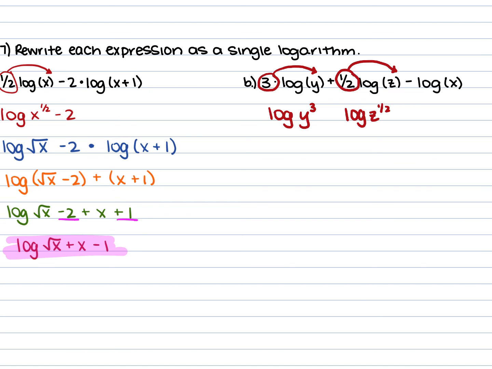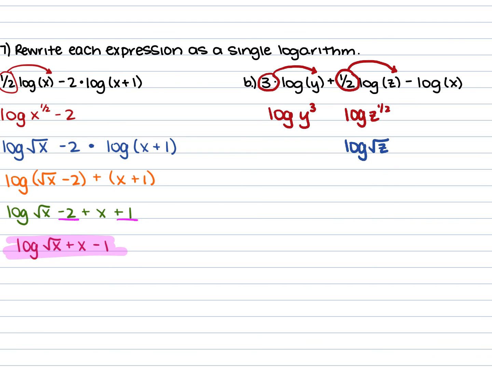We keep saying that the 1/2 power is the same thing as the square root, so this is log z under the square root sign, so the log of the square root of z. Next, you have a negative log x. Because you have that negative log x, you can't do anything with that, so you can just drop it down.